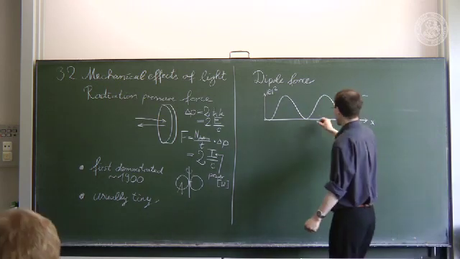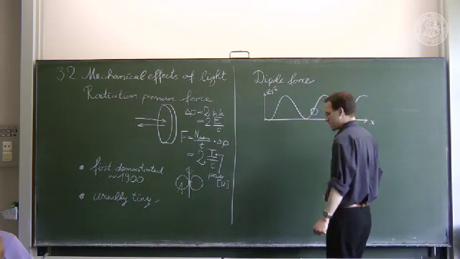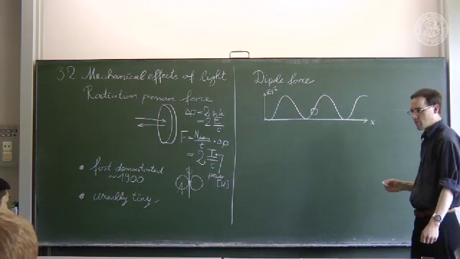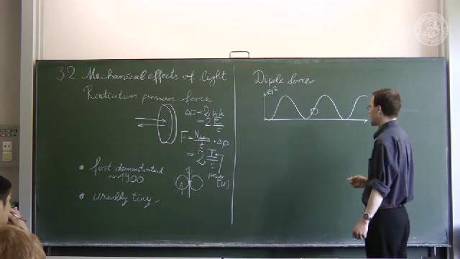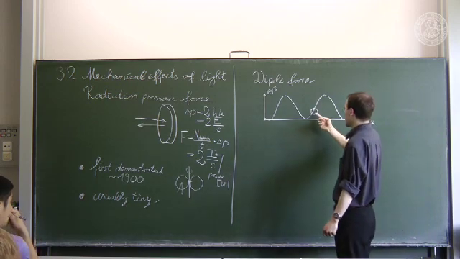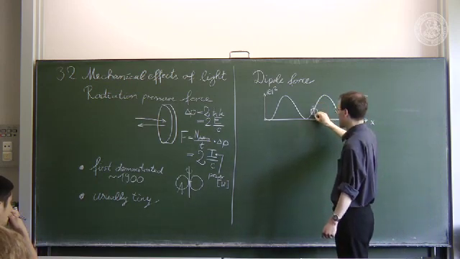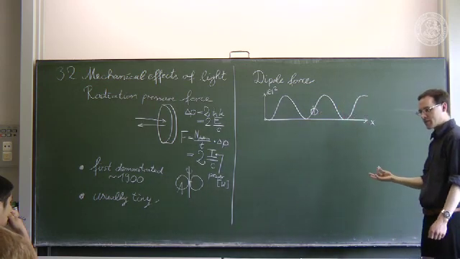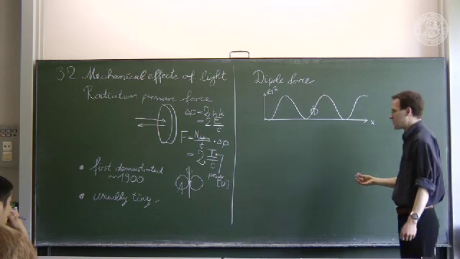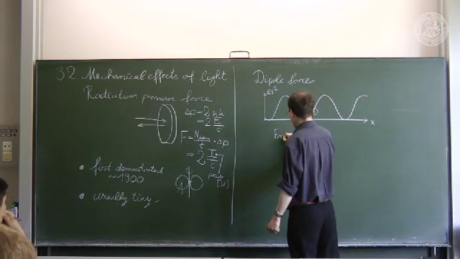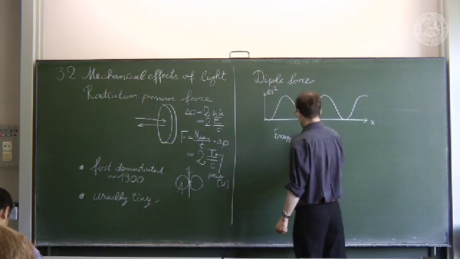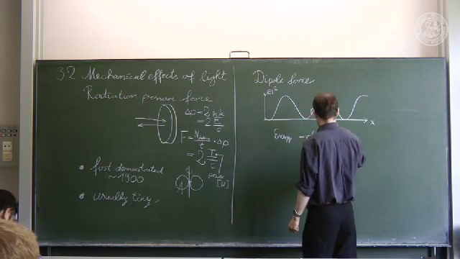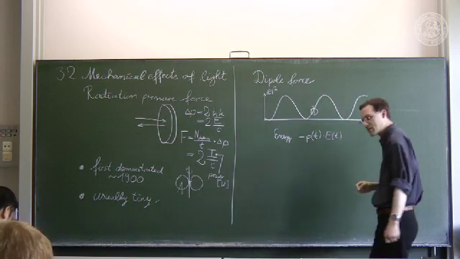And so what happens if you place an atom at some point in this light wave or any polarizable object? Well, what happens is that the electric field produces some polarization, some dipole moment. The dipole moment interacts with the field, and so the energy, so to speak, at each moment in time would be minus the dipole moment times the electric field.